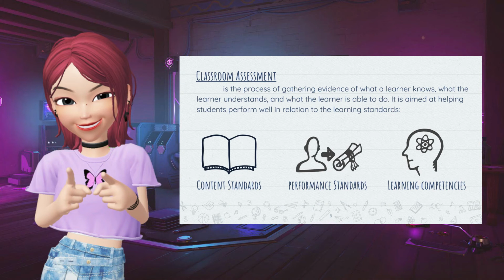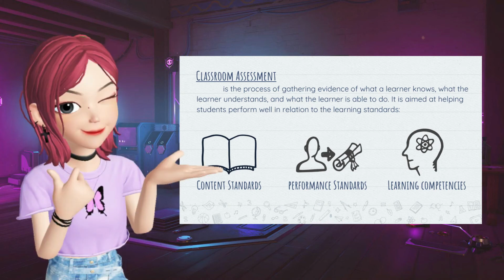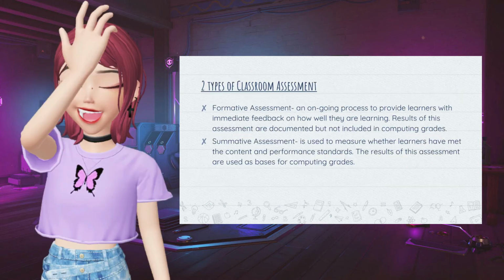Performance standards describe the abilities and skills that learners are expected to demonstrate in relation to the content standards and integration of 21st century skills. While learning competencies refer to the knowledge, understanding, skills, and attitudes that learners need to demonstrate in every lesson and or learning activity. There are 2 types of classroom assessment.